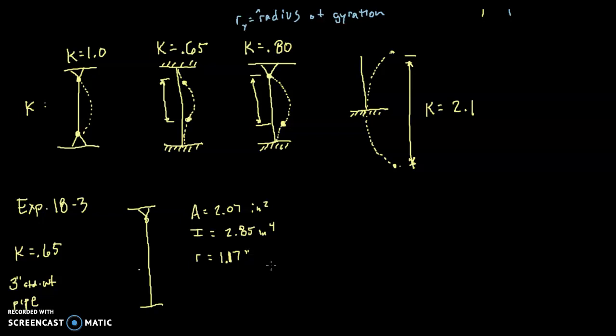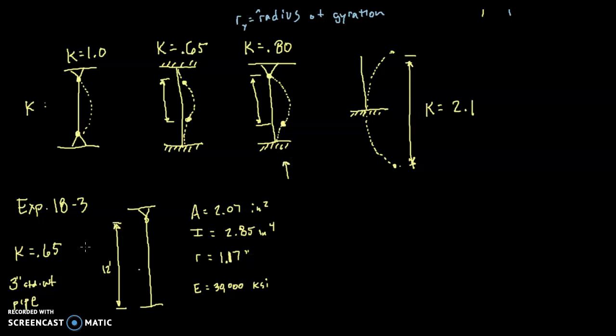Okay. It's a steel pipe, so that means the modulus of elasticity is 30,000 ksi. And the length of our column here is 12 feet. And I just realized that when I looked up at the different K values, I looked at the wrong diagram. We have this situation right here.